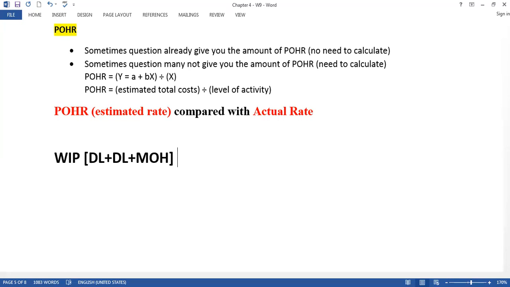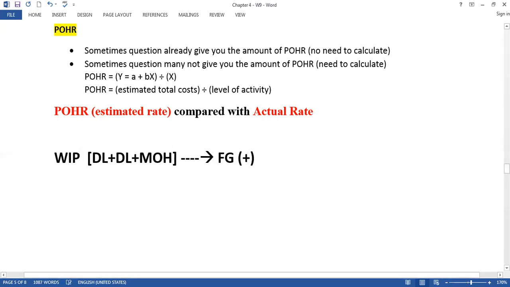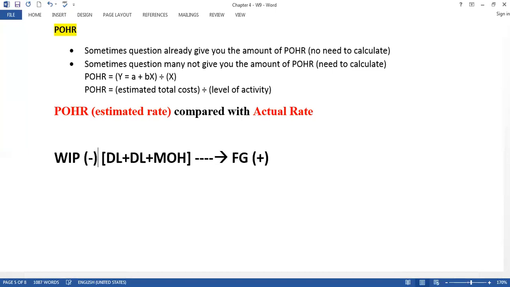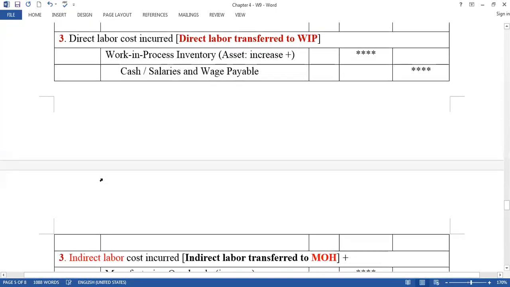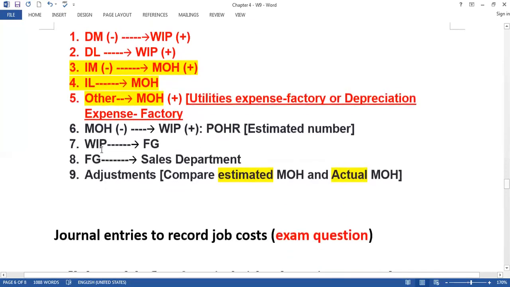WIP transferred to finished goods, right? WIP transfer to finished goods. That means finished goods is going to increase, and this WIP is going to decrease, right? So look at the journal here. We are now here.